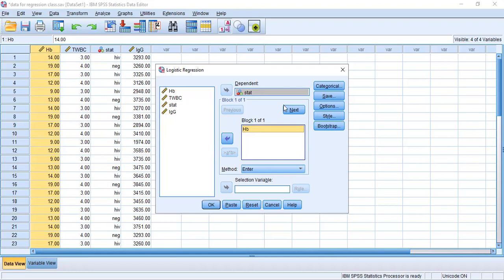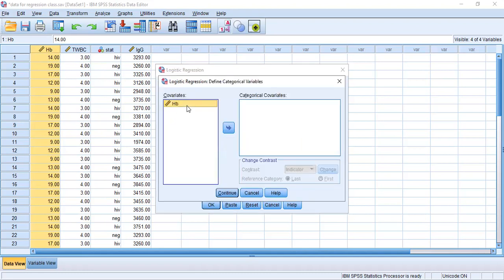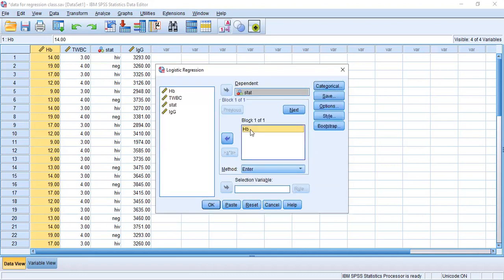So we go to categorical. This option is needed or important if one of your covariates is a categorical variable. For example, if you're having sex or gender, you would put it into this categorical covariate box. But we don't have any, or in fact, the only variable that we are using to predict is what? A continuous variable.